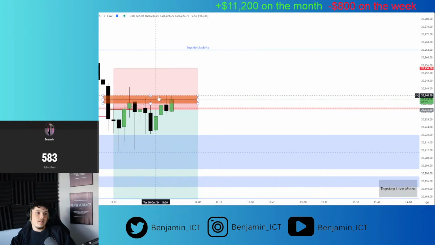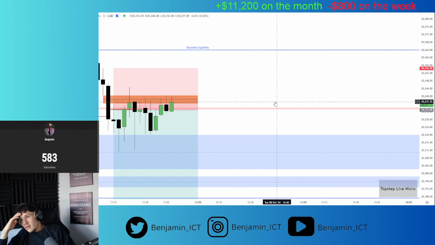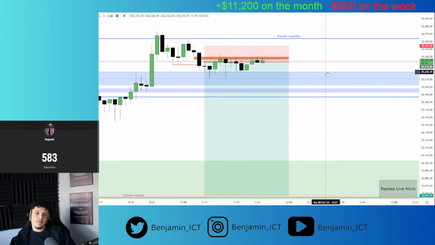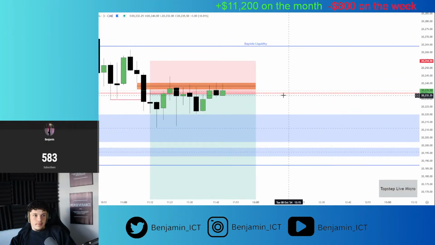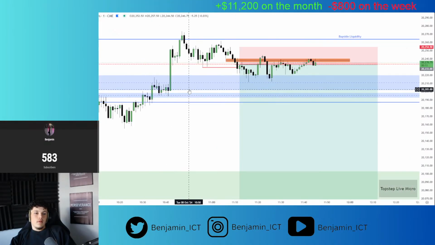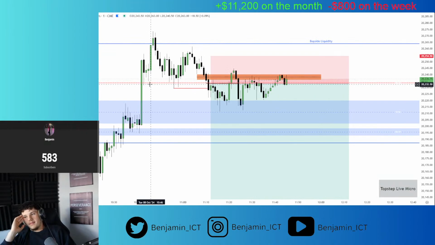Reaching up higher into the SIBI again. It's only a matter of time until we get a displacement somewhere, so I'm willing to wait it out. Five minutes till the 1150 macro.